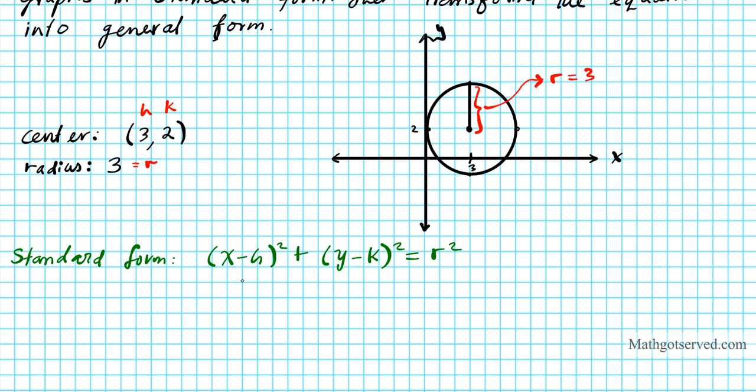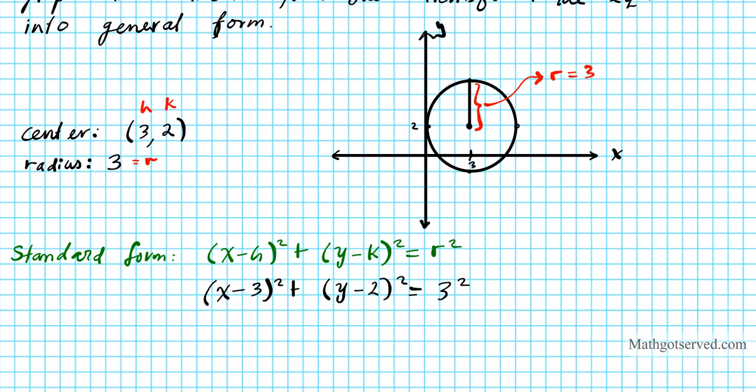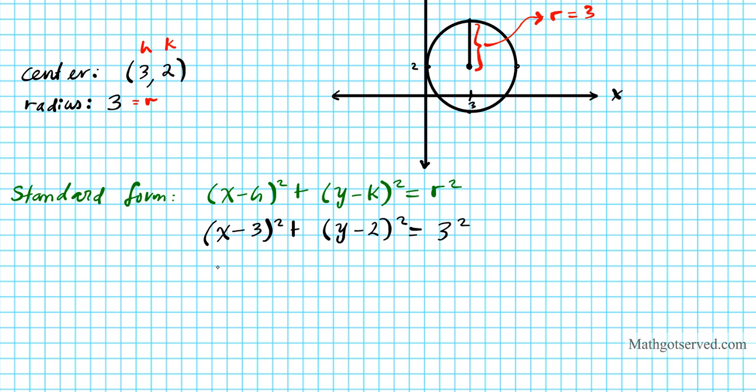For h, I'll replace it with 3: (x minus 3) squared, plus (y minus k), where k is the y coordinate of my center, which is 2, squared, and r squared is 3 squared. Let's simplify the term on the right. I'll have (x minus 3) squared plus (y minus 2) squared equals 9. This is my standard form.